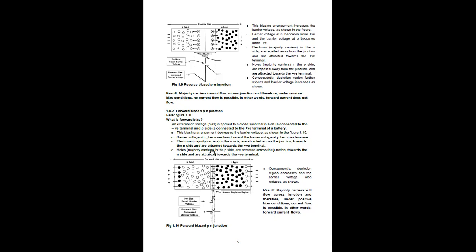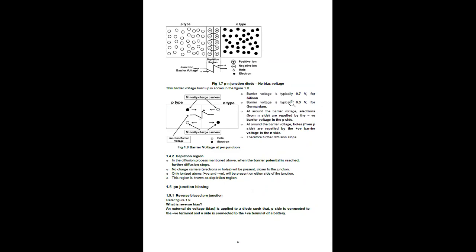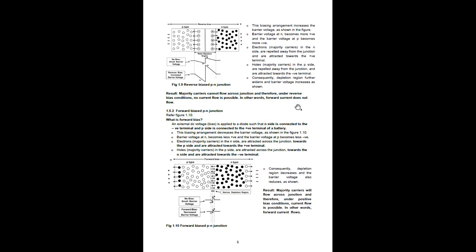As I've already told you, a minimum voltage must be applied so that this barrier is crossed. For silicon it is 0.7 volt, and for germanium it is 0.3 volt. So that was all about the basics.